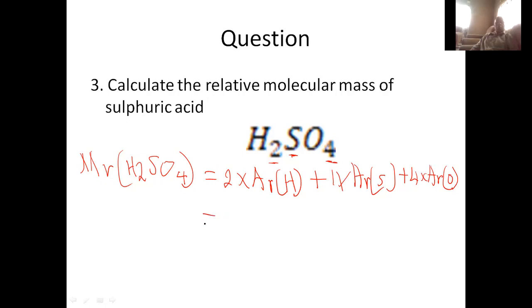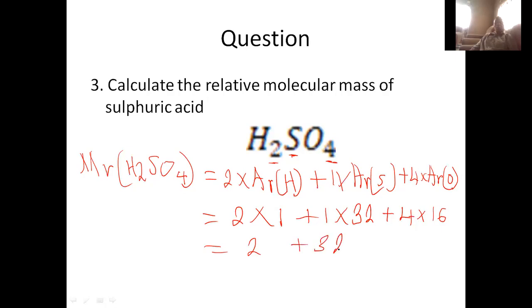And so it gives us 2 multiplied by the relative atomic mass for hydrogen, which is 1, plus 1 multiplied by 32, the relative atomic mass for sulfur, plus 4 multiplied by the relative atomic mass for oxygen, which is 16. And then what we get: 2 times 1 is 2, plus 1 times 32 is 32, plus 4 times 16, which is 64.